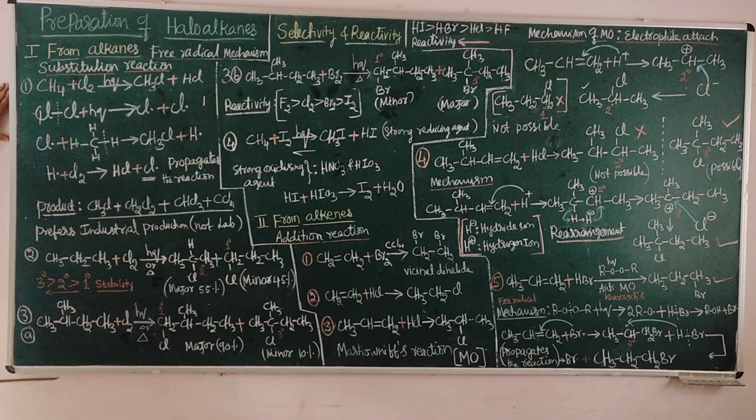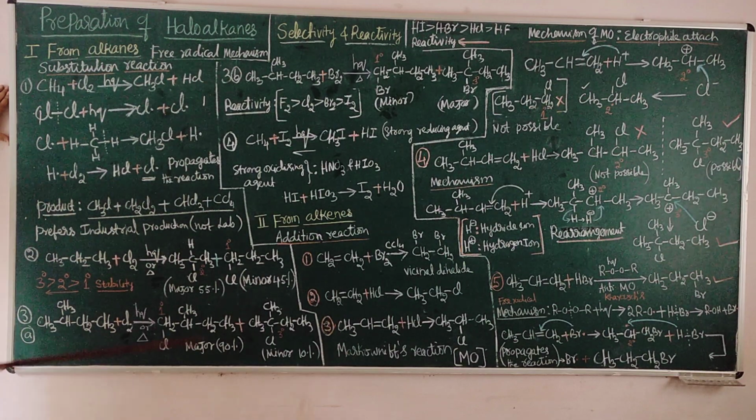What is selectivity? Selectivity for substitution is 3 degree greater than 2 degree greater than 1 degree. Stability. This carbon is more stable with the substitution than this carbon and this carbon. That is why the reaction prefers this carbon over this.